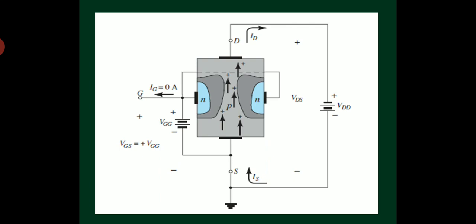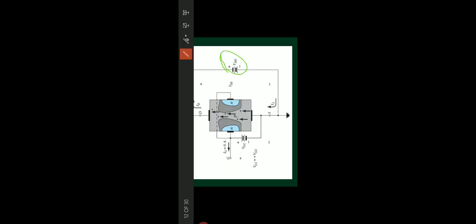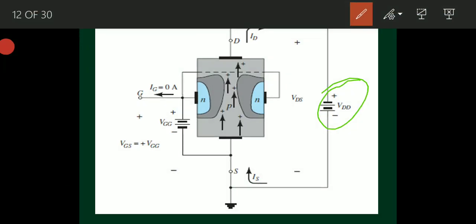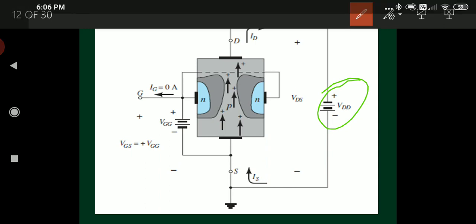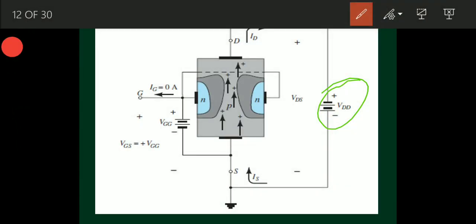This is a P channel JFET. And now how do I have to give this voltage VDD? How do I have to give this voltage VDD here?